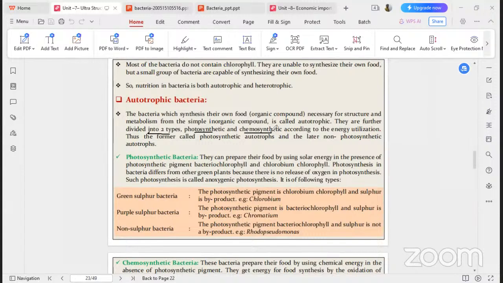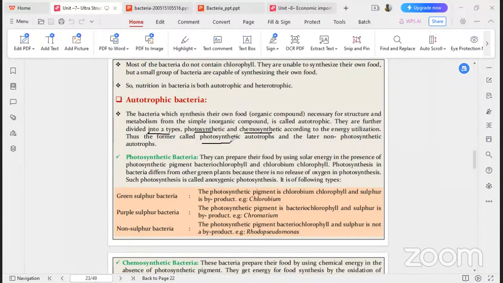That means energy is utilized either from the light or from the chemical. The photosynthetic bacteria, there are various types of photosynthetic bacteria.